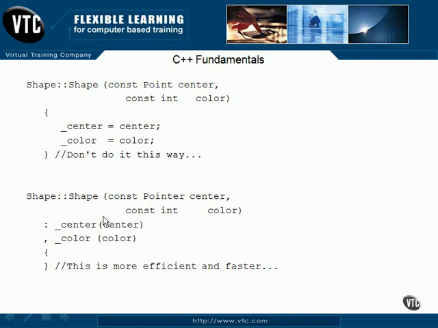What you want to do is an initialization, and that's what we have down here. Here we have the constant point center, the end color, just the same way, but now we use a colon after this closing paren and say that our local member is center, and it should take this value into it, and our local color should pick up this color. So now the initialization has been performed without an extra call to the constructor of point, and we don't have to do any assignment down here because the copy constructor is going to be used rather than the assignment constructor that would have been set up this way.